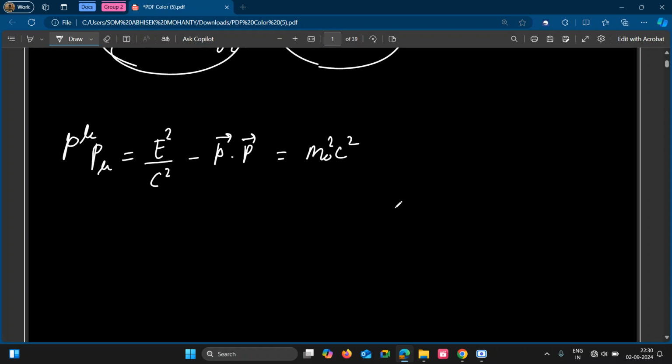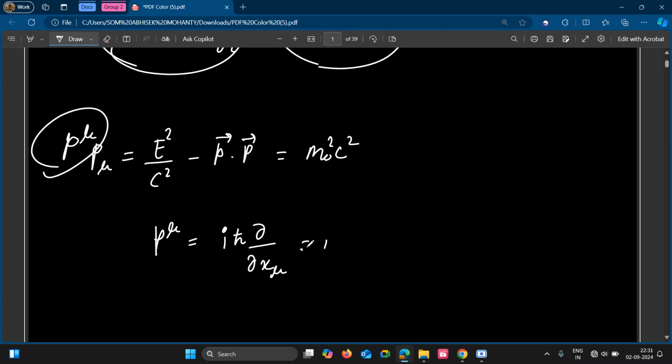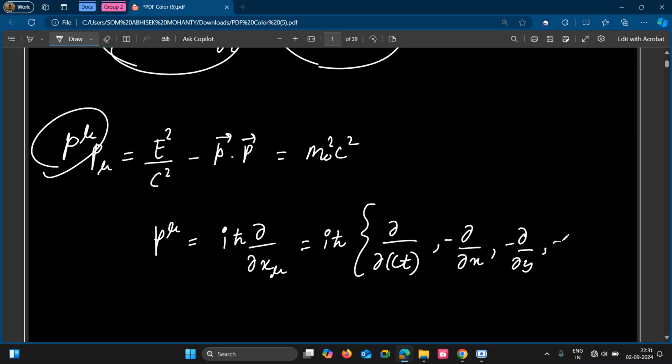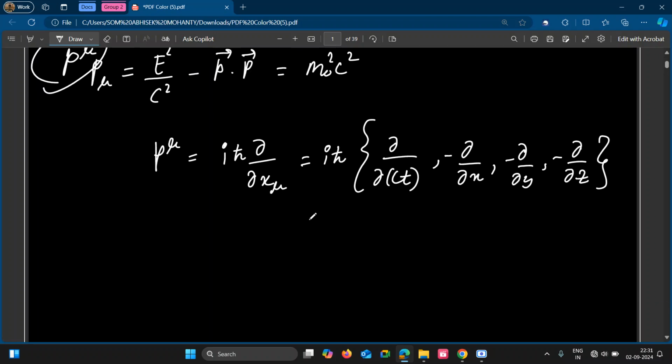So we can replace the 4-momentum P mu by the 4-momentum operator. I can replace P mu with i h-cut del by del x mu. This will be covariant. So this will become i h-cut, del by del ct, minus del by del x, minus del by del y, and minus del by del z.